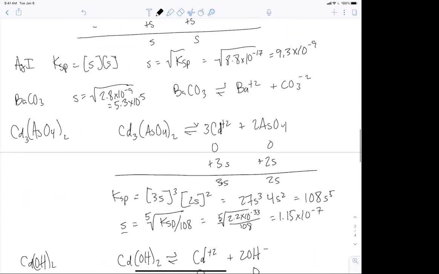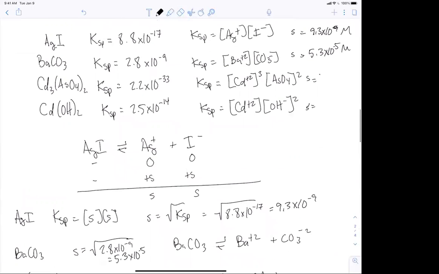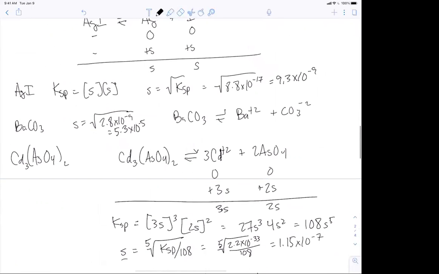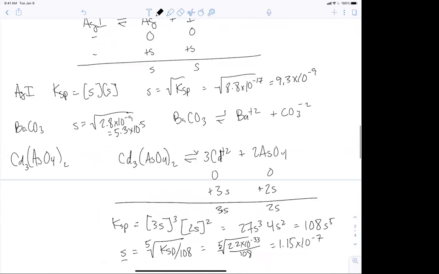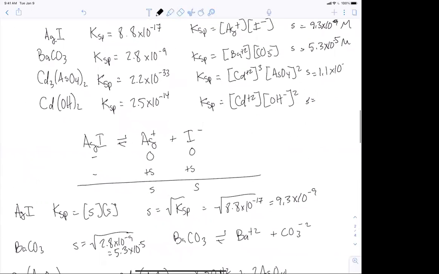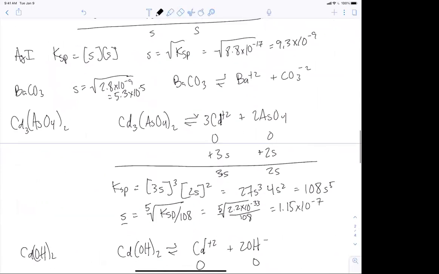For this cadmium arsenate, let's just call it 1 times 10 to the minus 7. And for this one, we have 1.8 times 10 to the minus 5th molar.